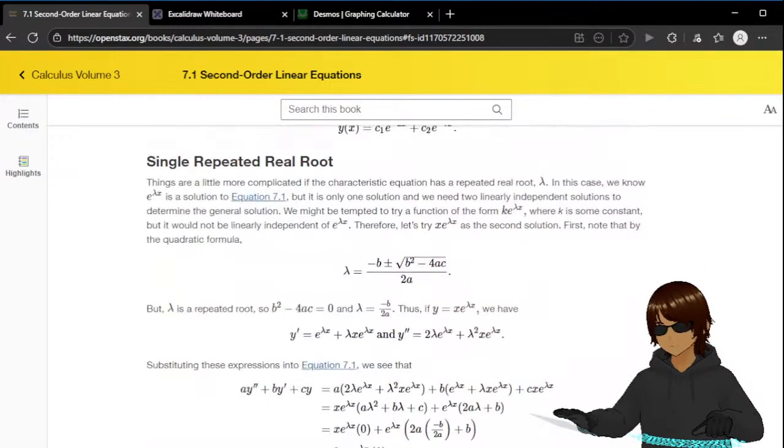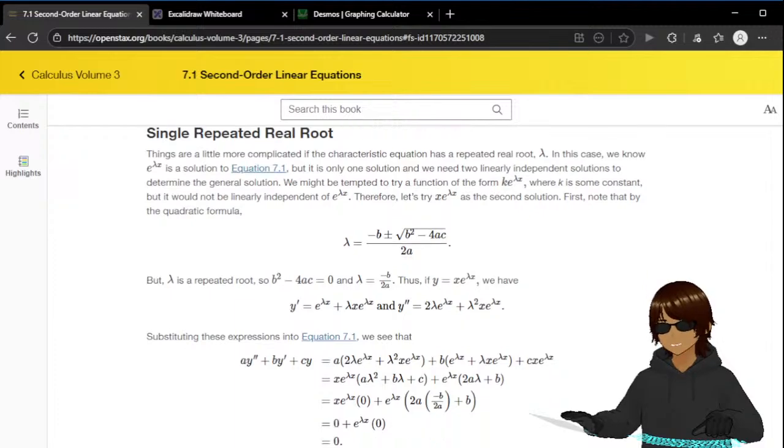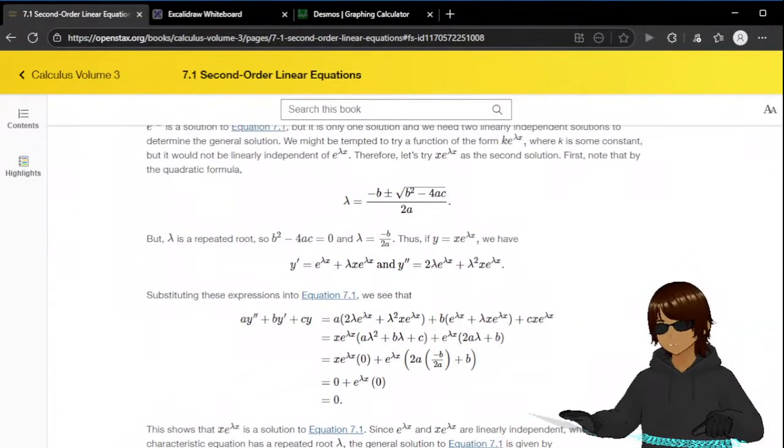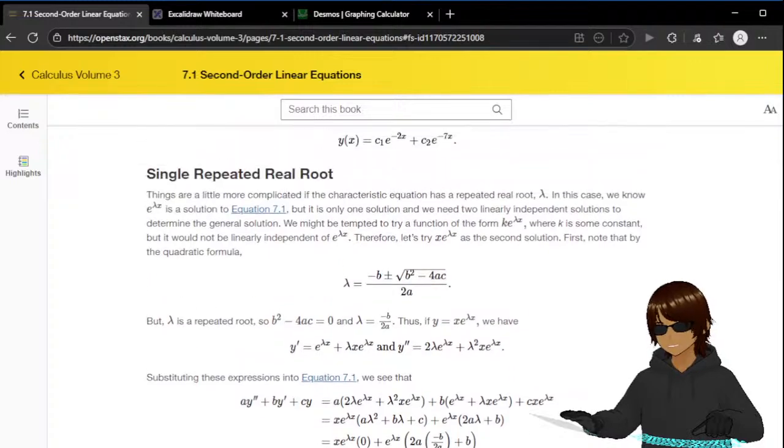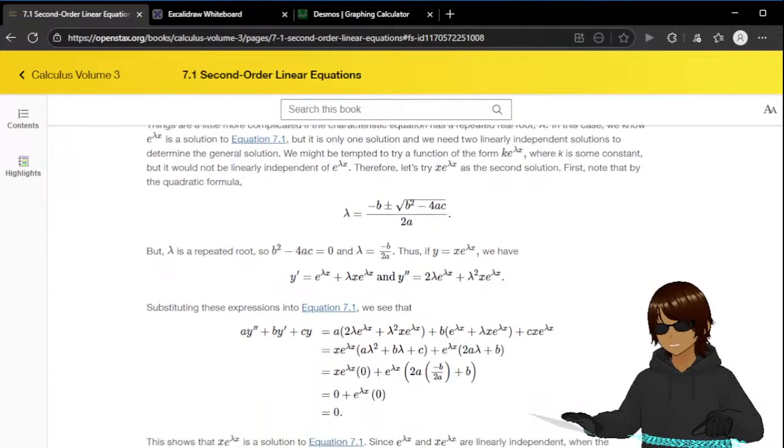There is another solution in this form. So if this is a solution, then lambda would have to be written like, okay, that makes sense now. There are two solutions, this form and this form. Since this is a solution, this has to be 0.